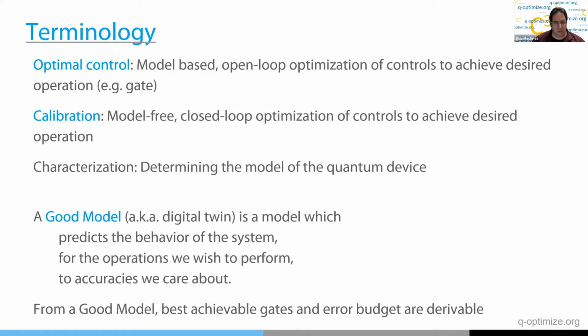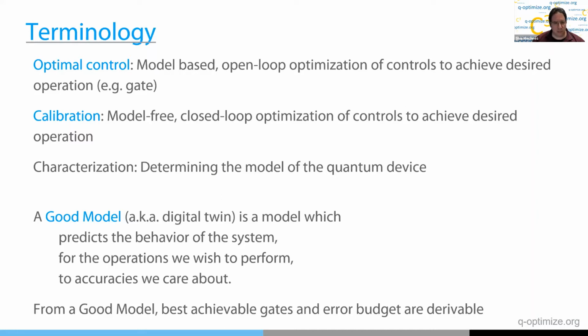Now, we define a good model, which may also be known as a digital twin in some sectors, as a model that predicts the behavior of the system for the operations we wish to perform and for the accuracies we care about.